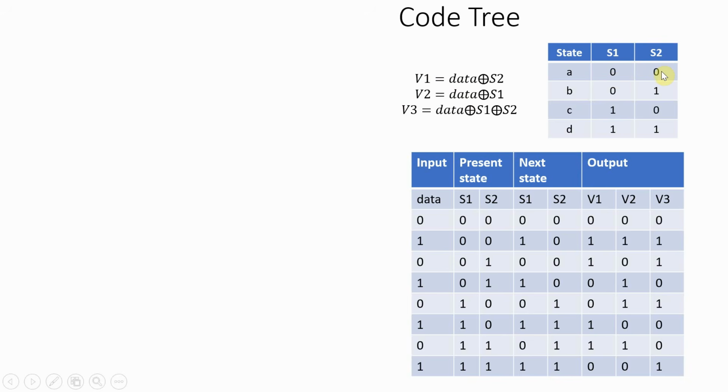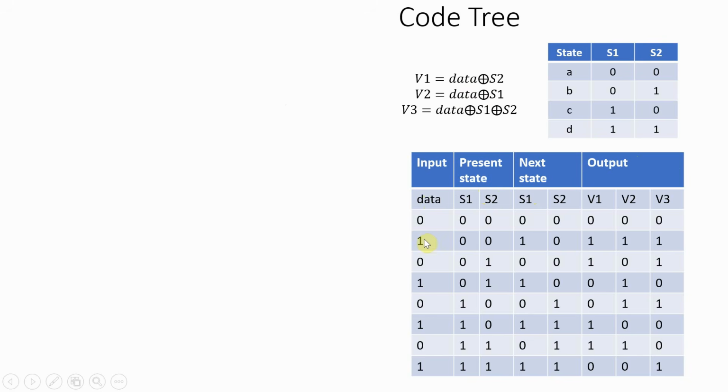So when S1 and S2 are 0, 0, we call it state A, 0, 1 as state B, 1, 0 as state C and 1, 1 as state D. And this table of present state, next state and output was also explained in the earlier video. We obtained the output using the V1, V2 and V3 equations, and we obtained the state diagram using the state table and the diagram that was shown for the encoder.